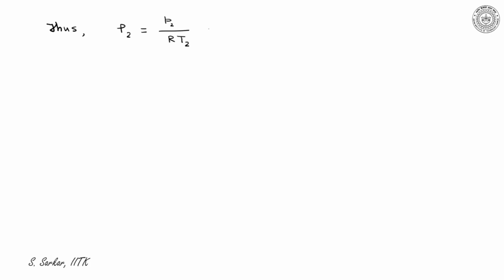Now the value of P2 is 217, which I have evaluated, into 10 to the power 3 Pascal. The value of R is 287. T2 I have calculated as 982. Thus I got rho 2 as 0.77 kg per meter cube.